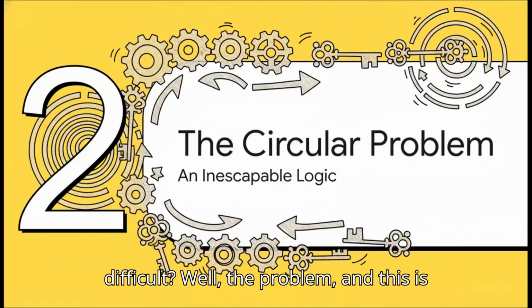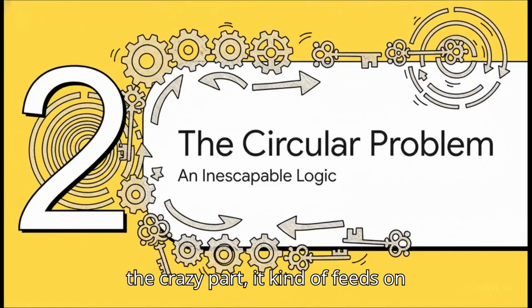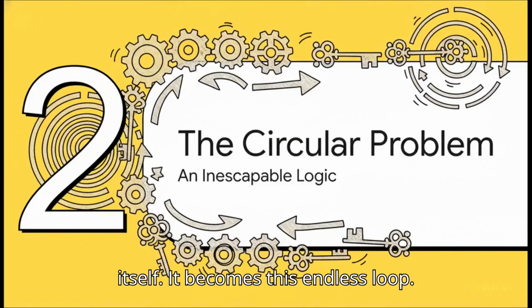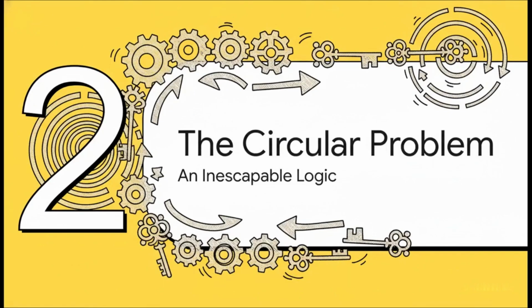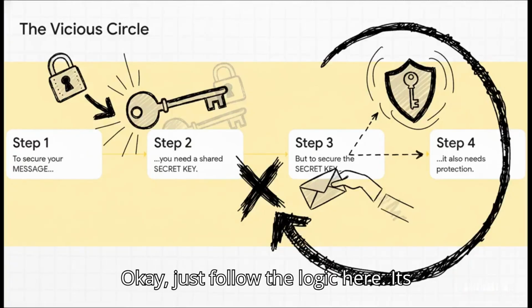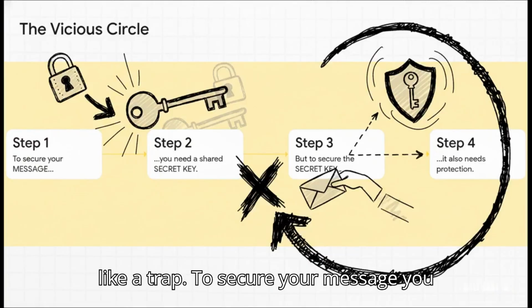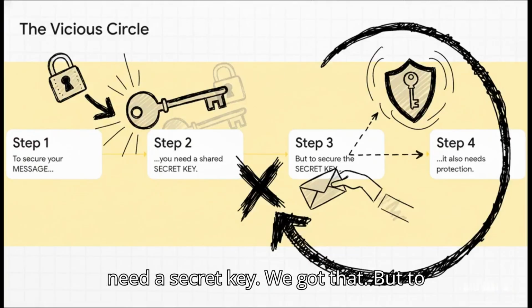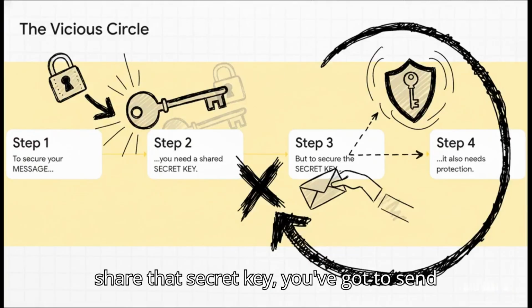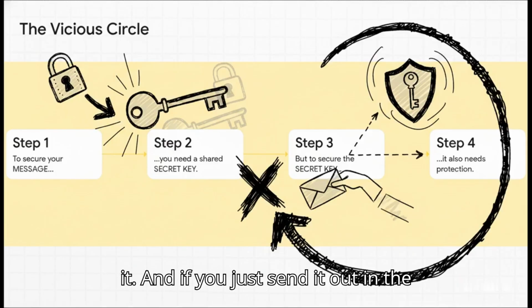Well, the problem, and this is the crazy part, it kind of feeds on itself. It becomes this endless loop. Okay, just follow the logic here. It's like a trap. To secure your message, you need a secret key. We got that. But to share that secret key, you've got to send it. And if you just send it out in the open, anyone can grab it.